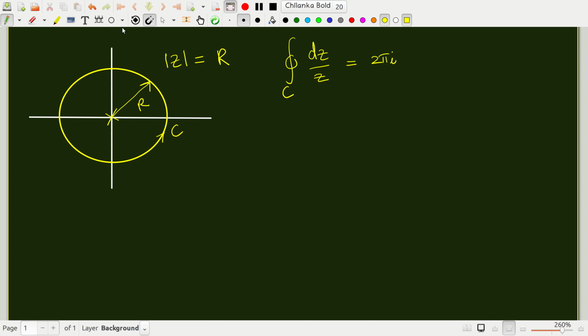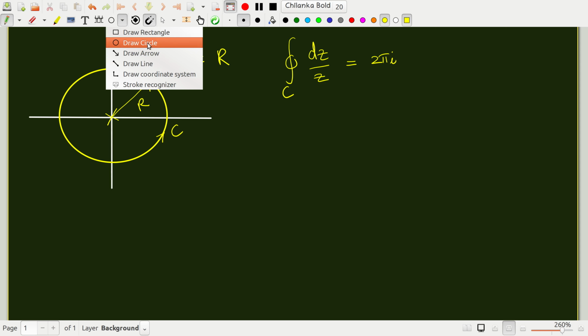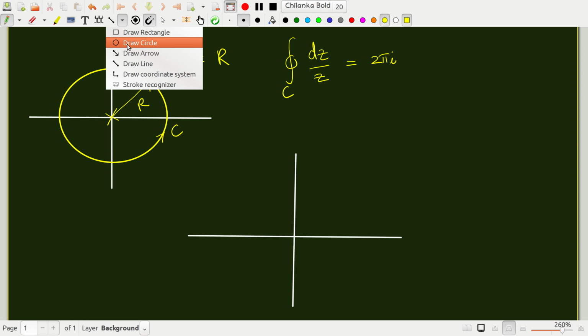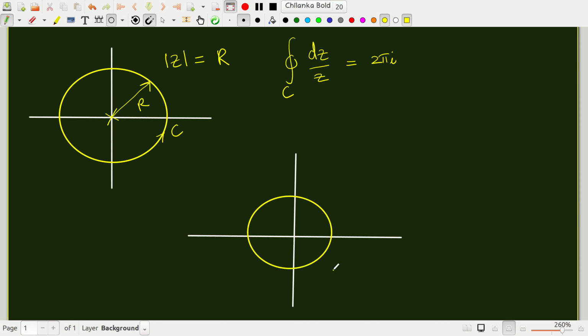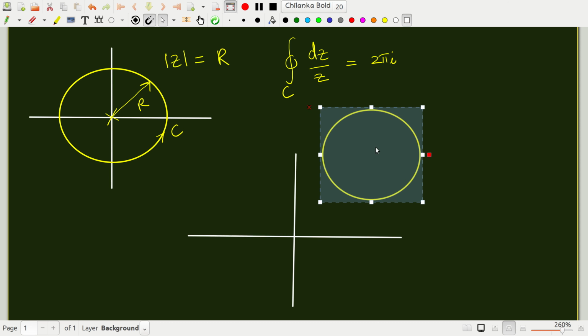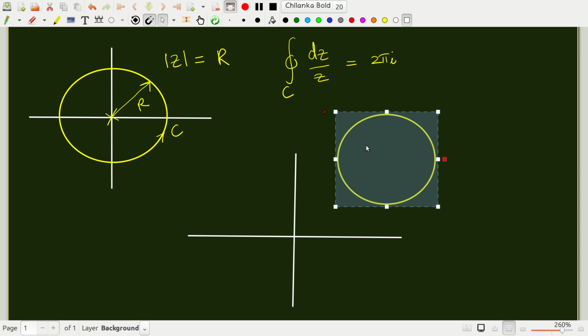For example, I can take a different contour, like this. This is not centered around the origin.